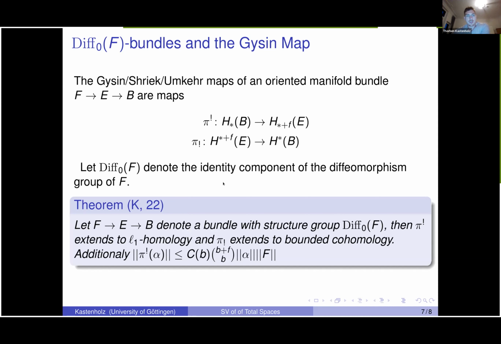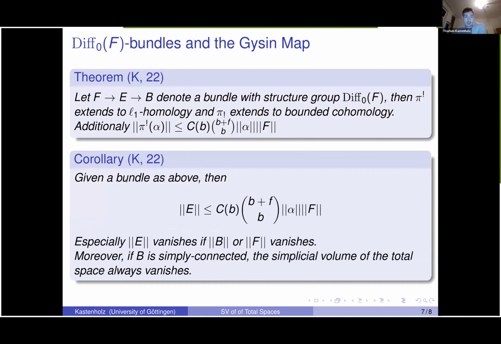And this has the following corollary, which is maybe a bit more intuitive and doesn't use this weird L1 homology and bounded cohomology, namely, if I have a bundle as above, then the simplicial volume of the total space is bounded by a constant which only depends on the dimension of the base times the binomial coefficient B plus F choose B times the simplicial volume of the base. Sorry, I just copied the one above.